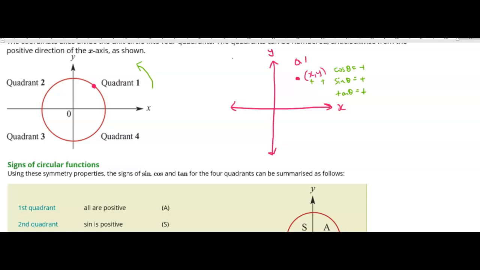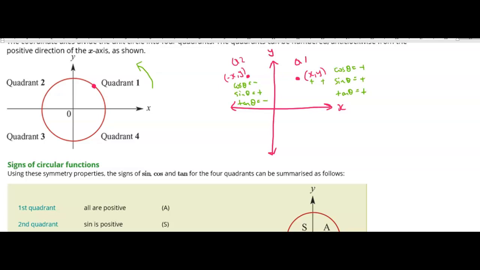Now in your second quadrant, you'll have another point. Remember the coordinates x and y, but in this quadrant, we're in the negative x, okay? Because anything on this side of the y-axis is going to be negative for x, but y is going to be positive. So in this second quadrant, cos is negative, sine is positive, because remember cos is x and sine is y, and because tan is sine over cos, it's also going to be negative.